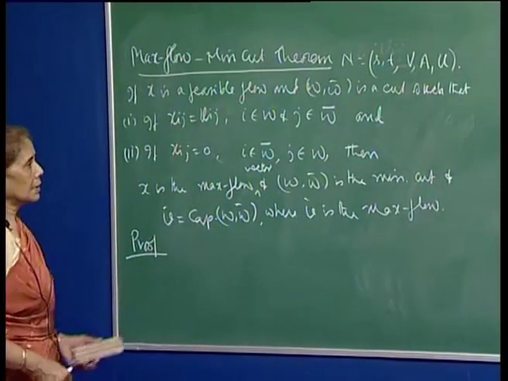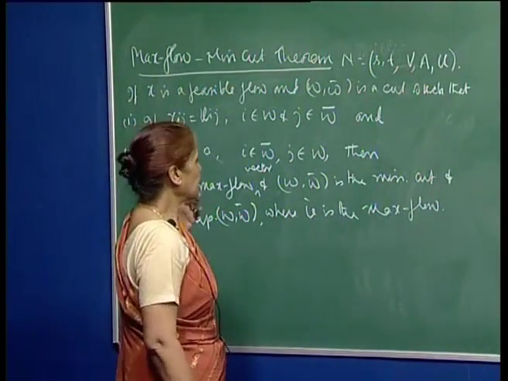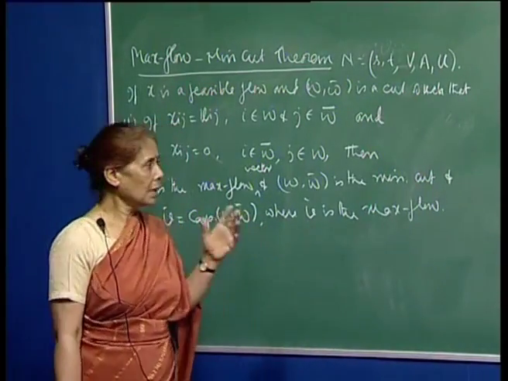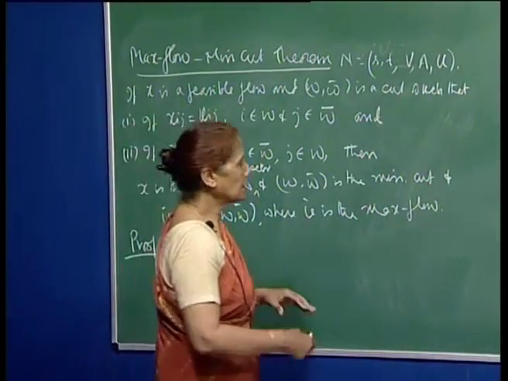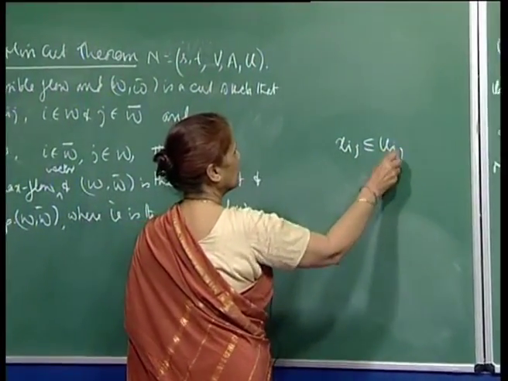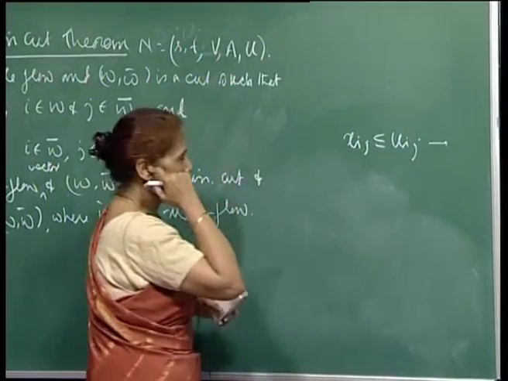I have now rubbed out the formulation, but remember in your formulation of the max flow problem, the constraints were all equality except Xij less than or equal to Uij. These were the only inequality constraints.